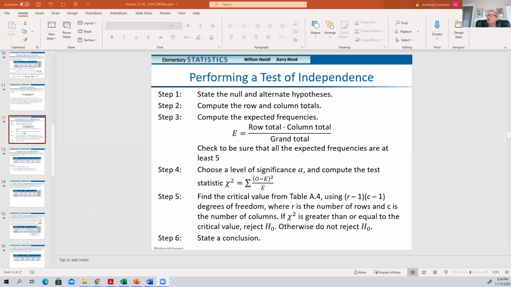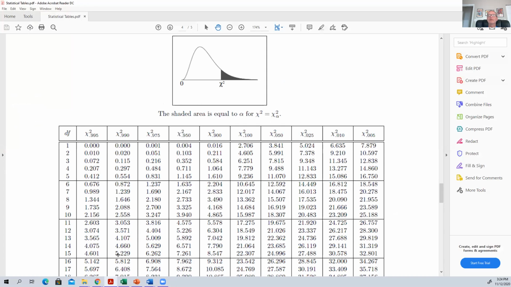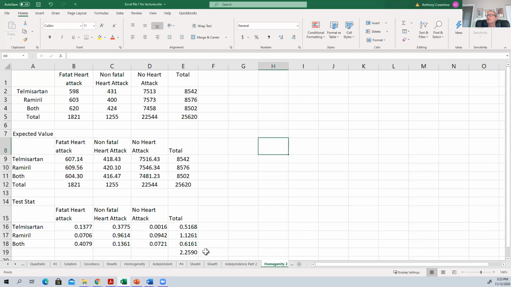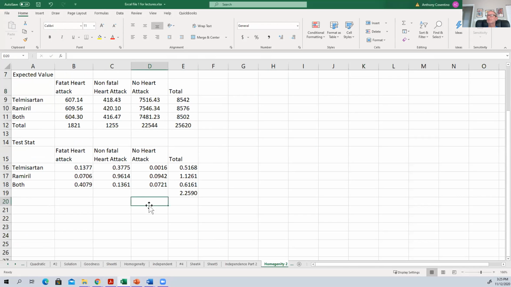Okay, so now we're on step 5, calculate the chi-squared. So we pull up our table here, and it was 0.05, so this column right here, 4, and so we have 9.488. So if we go back to here, this is our chi, right? And this would be 9.488.